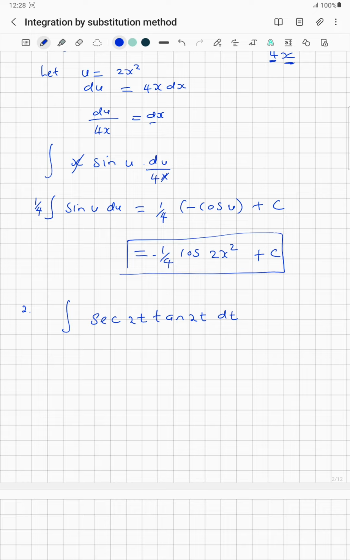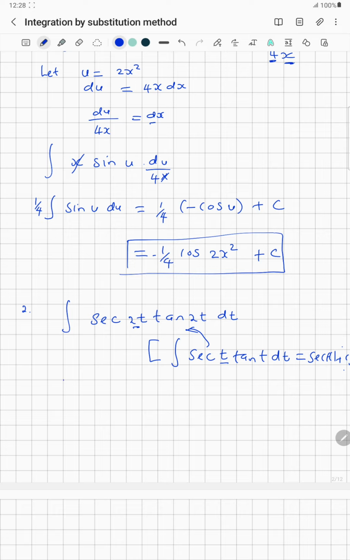From your SMP tables, you can see this formula: the integral of sec t tan t dt is equal to sec t plus c. This formula is in the SMP table. You can see this is almost similar to our question. The only difference is that here we have t, but here we have 2t.